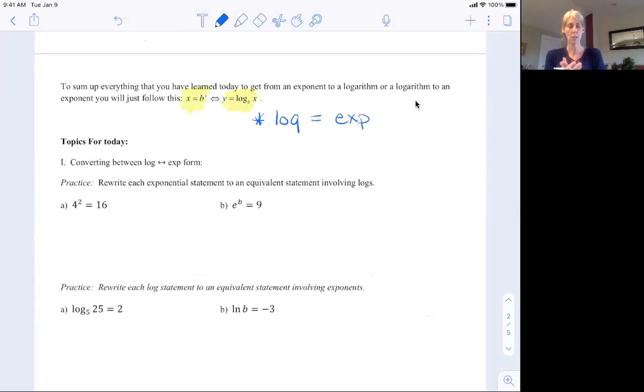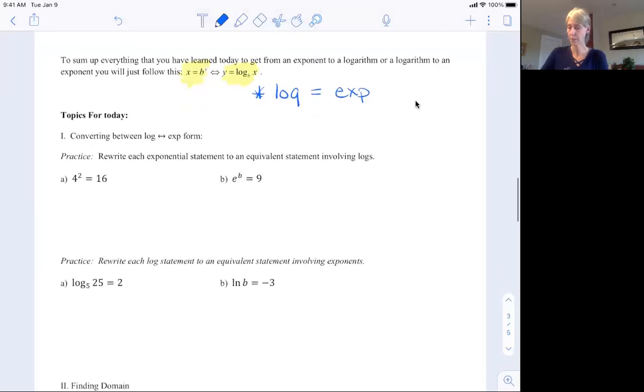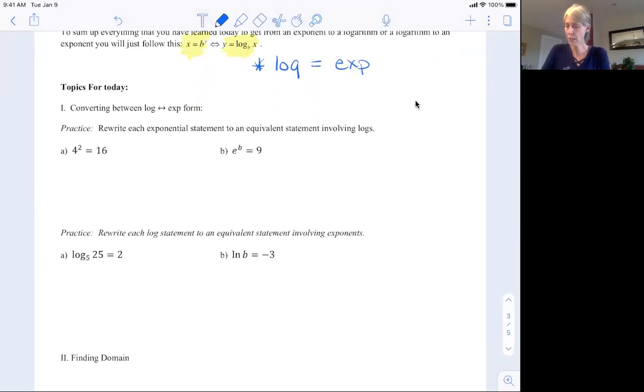So things we're going to do today: we're going to convert back and forth between log and exponential form. We're going to talk about the domain, and we're going to set up and solve some super easy log equations.